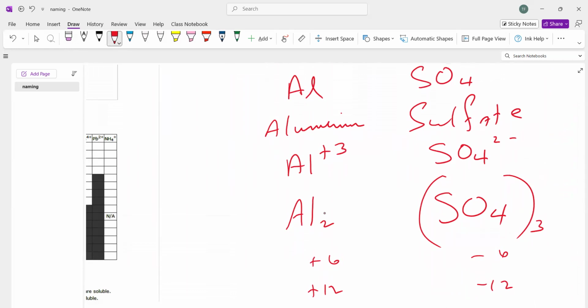That's wrong because it's an ionic compound. Ionic compounds don't use mono, di, tri, tetra, etc. Only covalent and molecular. Now your dry lab uses the word molecular. Textbooks frequently use the word covalent, but they're one and the same. Molecular, covalent, covalent, molecular, same thing.